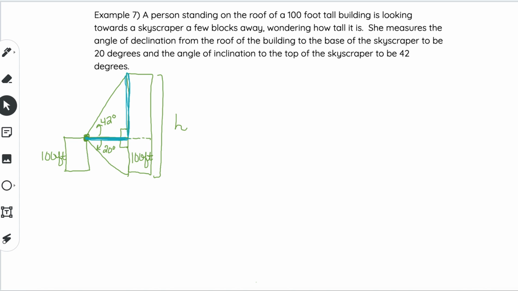using tangent, because I'm looking for one of the sides when I'm given another side. So I'm going to say tangent of 20 degrees is equal to the opposite side of 100 over x, calling this side x, the adjacent side.